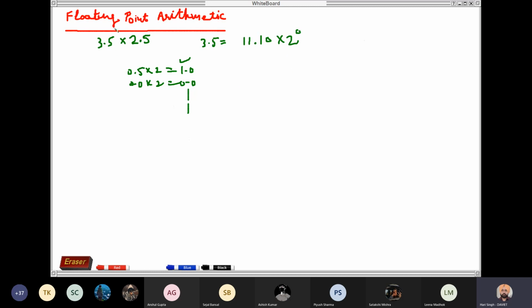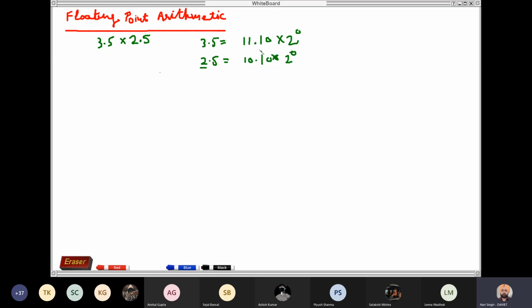Similarly, 2.5 we can write as 2 is equal to 10, then 0.5 is the same as the 0.5 of the previous number, so it is 10.10 into 2 power 0.